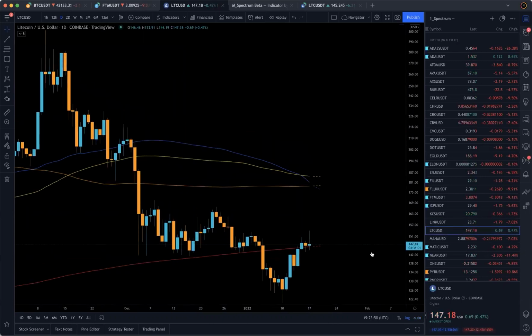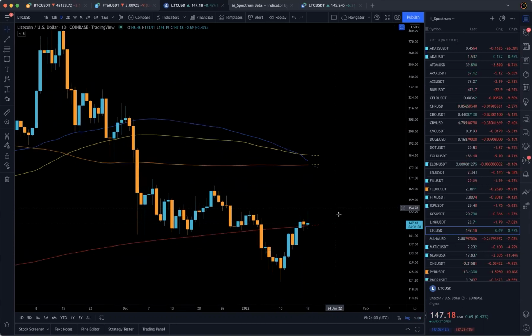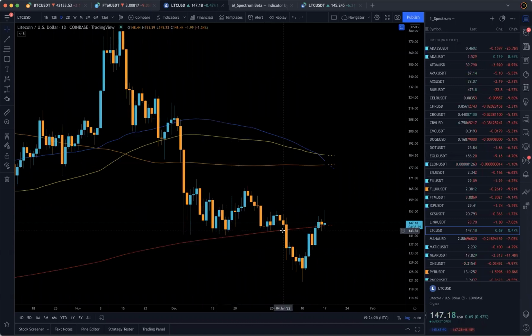Now Litecoin was beaten up so badly that some bounce like this makes sense. There is always some kind of a bounce after. You cannot just keep going down. The good thing is it broke above the red here, which was a major support, right? So it recovered from that, and now it's here.